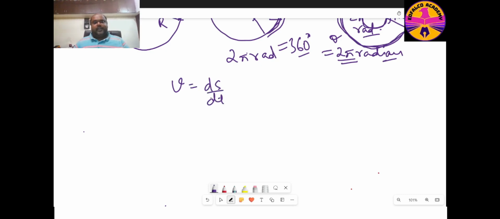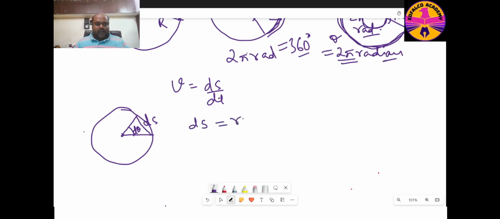If we take the circle now, and let's say the body has traversed a distance of ds, and the angle here is d theta, in a small amount of time dt, we just talked about that ds is equal to r d theta.